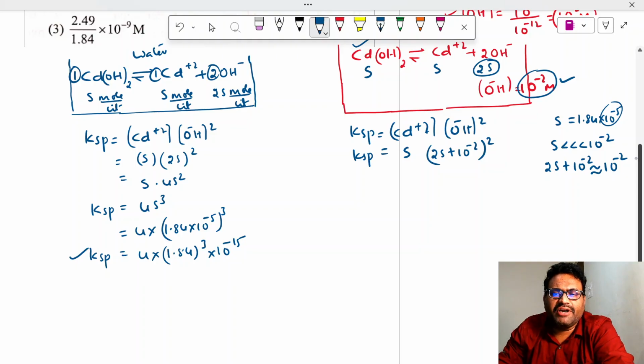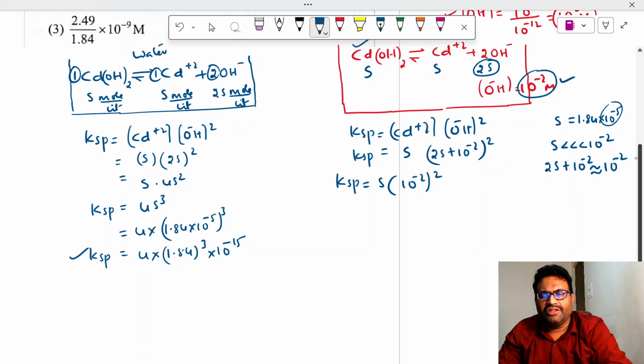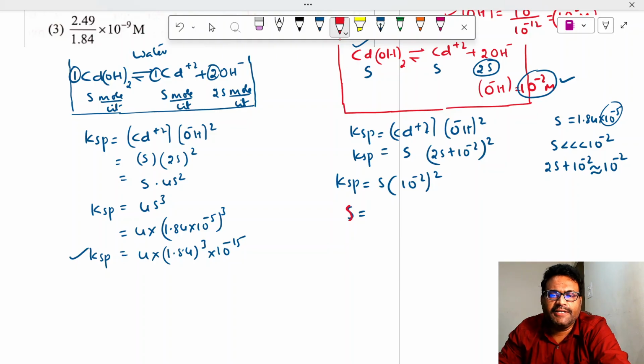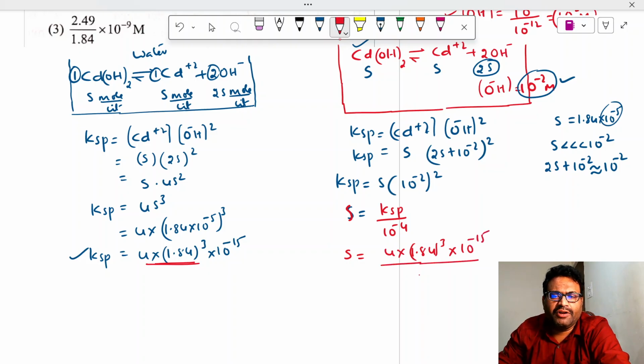So I am considering Ksp is equal to S into 10 power minus 2 whole square. Then solubility is Ksp by 10 power minus 4. So S is equal to 4 into 1.84 whole cube into 10 power minus 15 by 10 power minus 4.